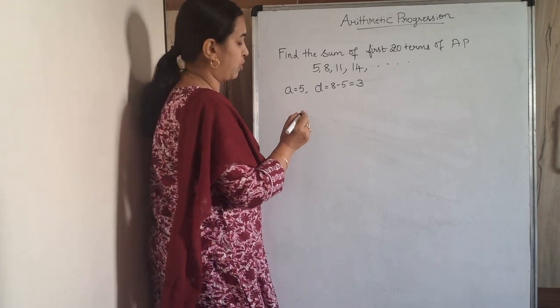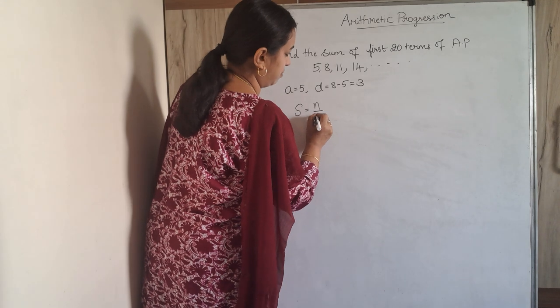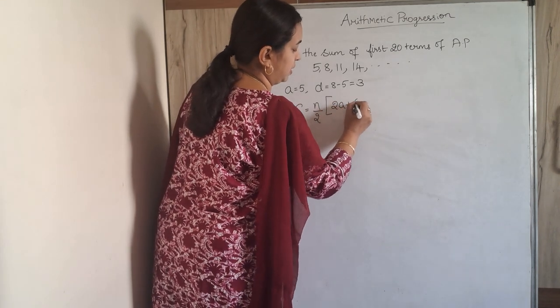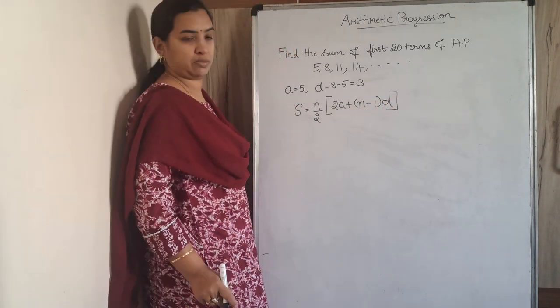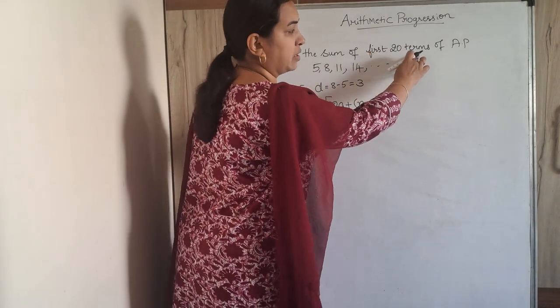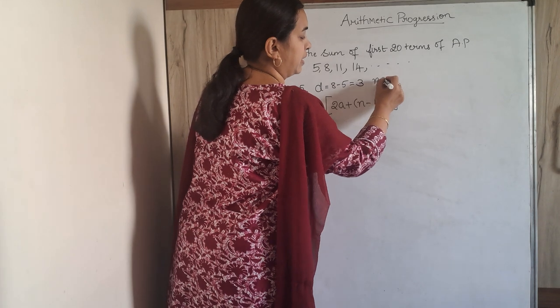So let us use the formula S is equal to n by 2 into 2A plus n minus 1 into D. Here n is 20.